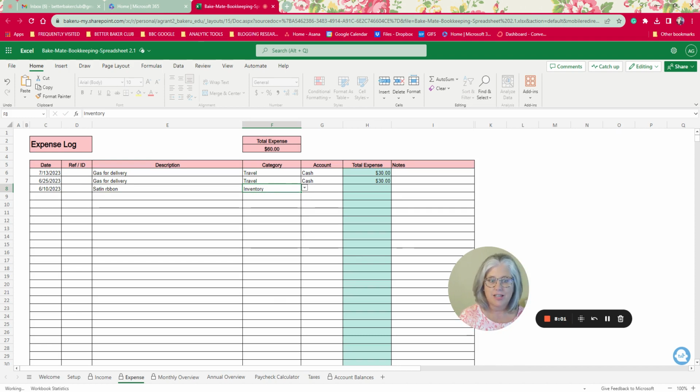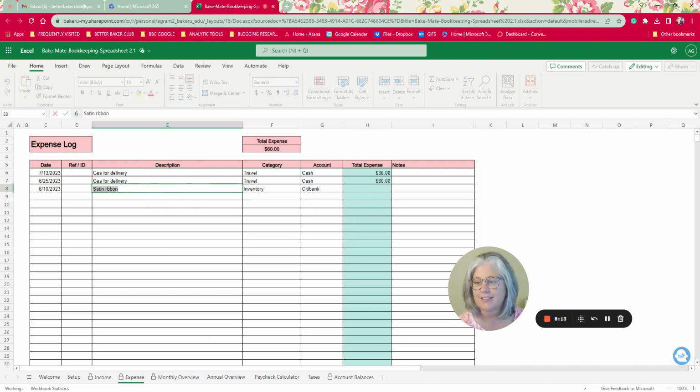So my packaging, my labeling, my ribbon on the boxes is all part of creating my item for sale. And for this, I used my Citibank card. Let me just correct my spelling there on ribbon. And this cost was $10.